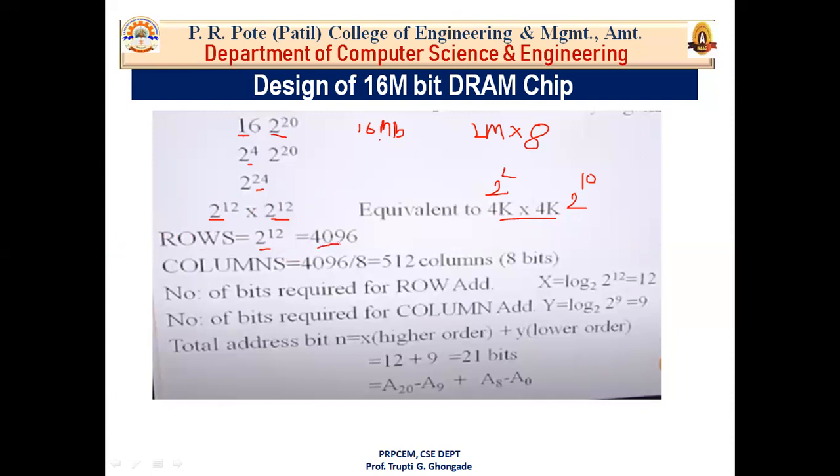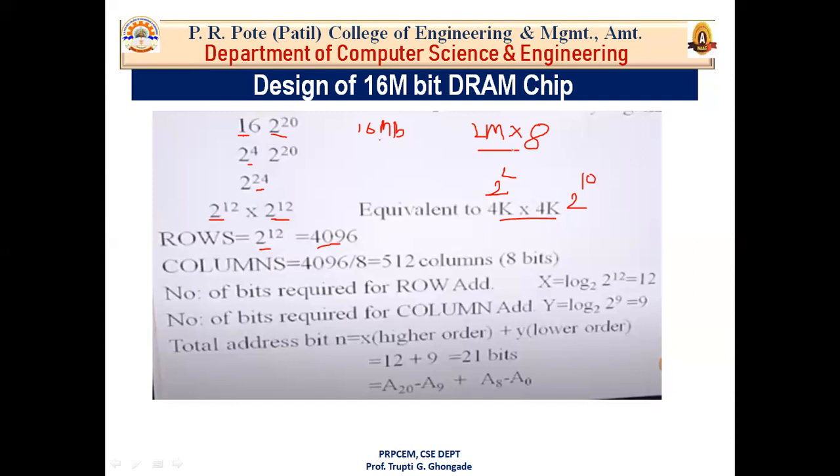Remember, when we are writing the number of columns, always look at the organization given. It contains 2M by 8, that is, 8 bits of data are transferred at a time. So you cannot address a single cell; you have to address 8 cells together.